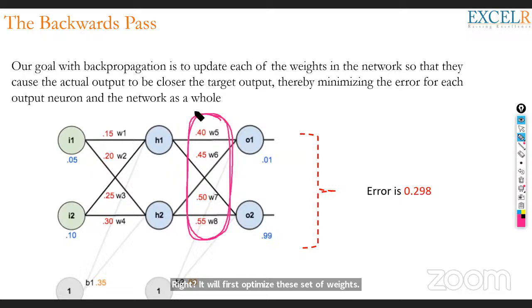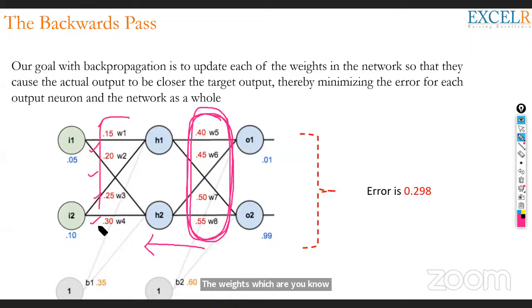Once it optimizes this set of weights, then it will optimize the weights which are closer to this particular layer, that means this set of weights. And then if you have another layer, it will optimize those layer weights.